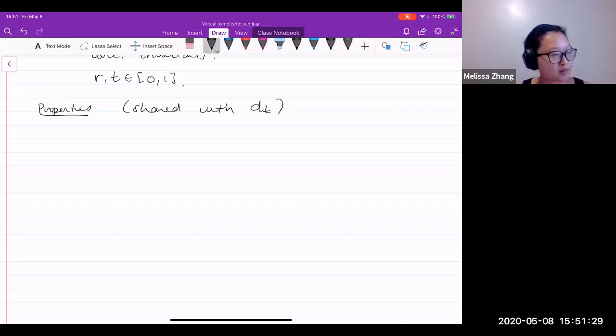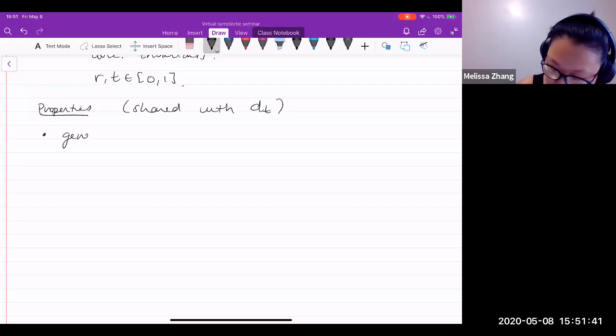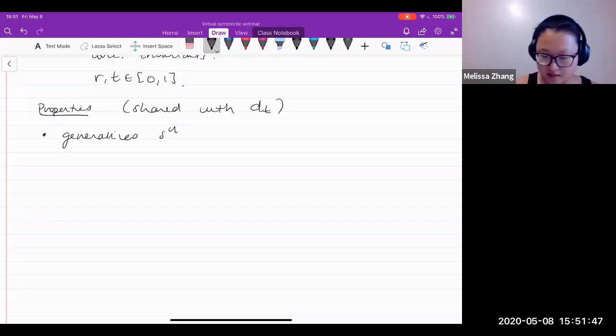So some of the precise details won't be the same, but you should basically think of these as two types of the same construction, but for different characteristics. Okay, so first of all, it generalizes SU. Obviously DT doesn't, but it generalizes S in that case.